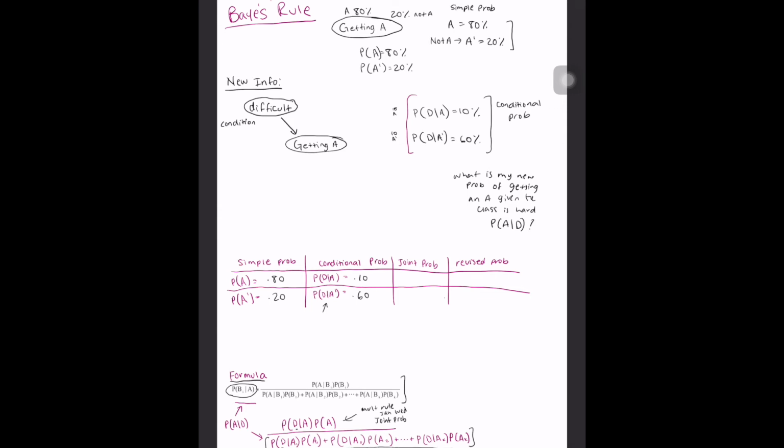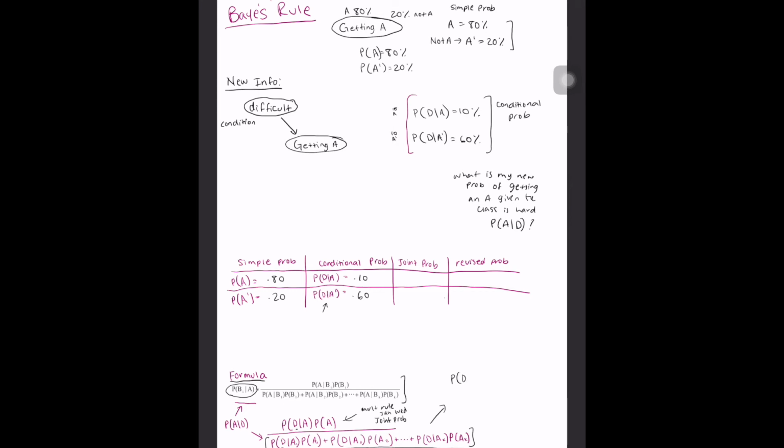So you getting a B and it being difficult at the same time, a C with difficulty, F with difficulty, etc. Because we've lumped all of these alternatives into A prime, so A prime is B, C, D, F, we can simply replace this portion with A prime. So it looks like this.